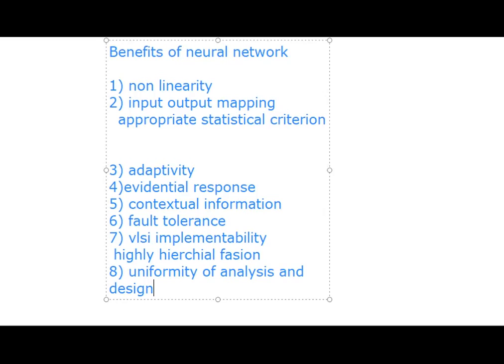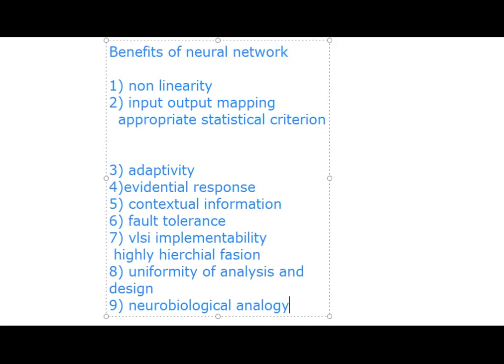Now the next point, number 9, is neurobiological analogy. What is neurobiological analogy? When you are trying to analyze neural network algorithms or architecture, one of the first things that comes to your mind is neuro.